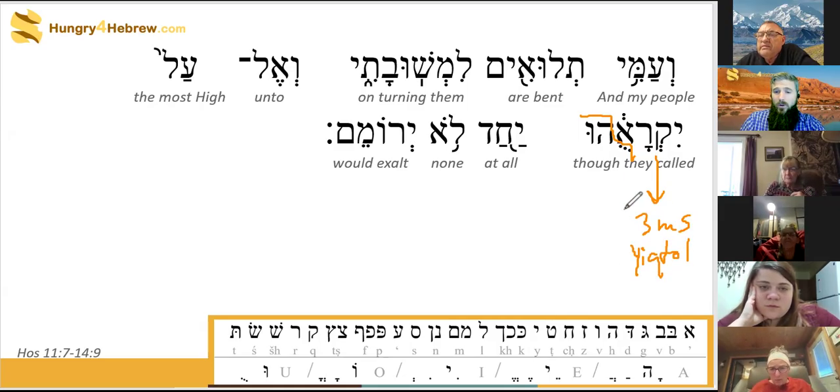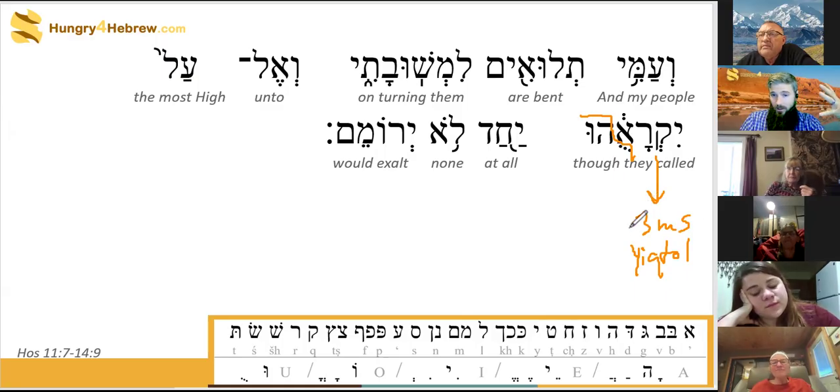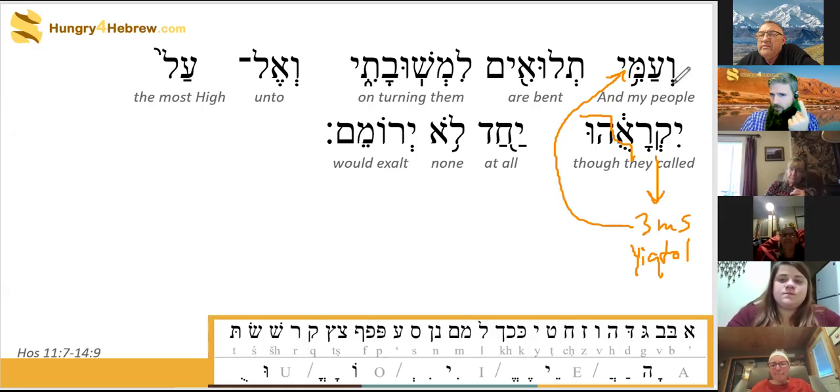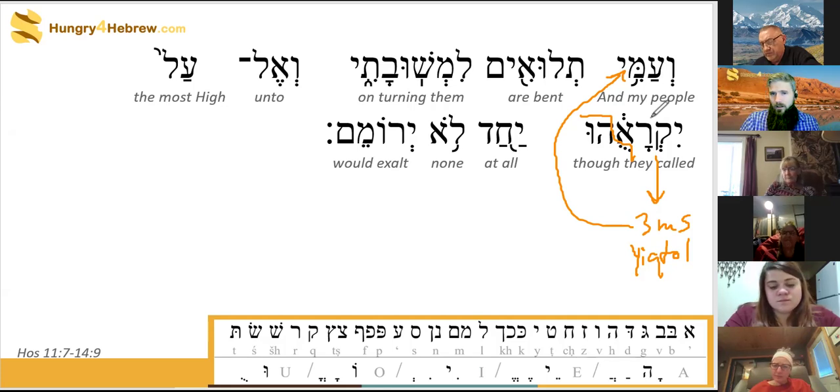So remember that the word people is a singular collective. So it is singular, even though we think of people as being a plural. Singular person, multiple people. Well, not really. A people is singular. So here it's 3ms, and yet they said Tluim.